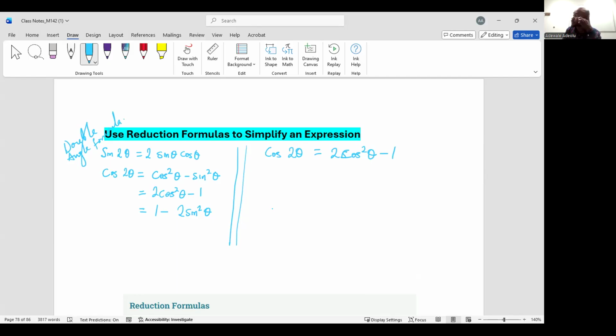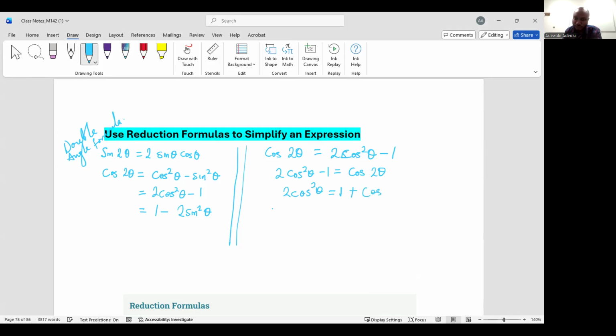Okay, so picking cosine of 2 theta from there, I can rewrite this as 2 cosine squared of theta minus 1 equals cosine of 2 theta. That is allowed. And I can say 2 cosine squared of theta is 1 plus cosine of 2 theta, that is, I can add 1 to both sides.